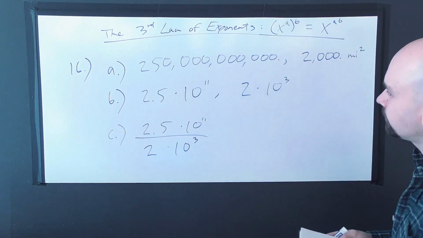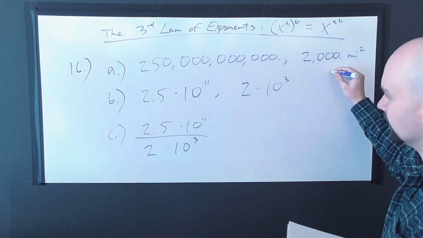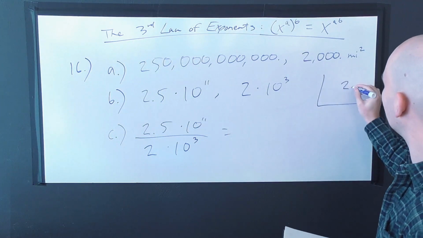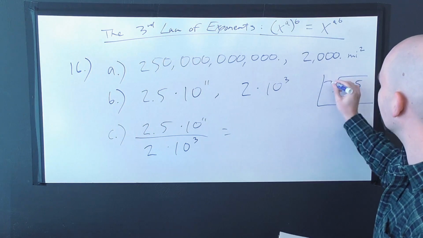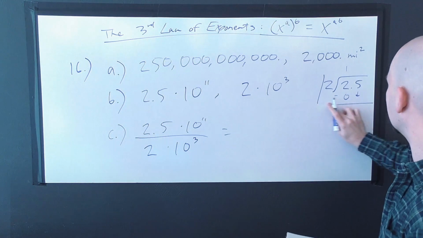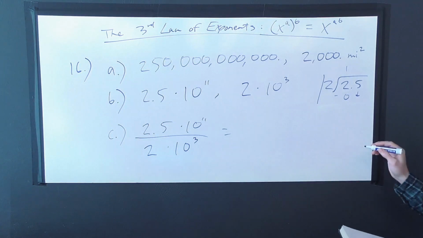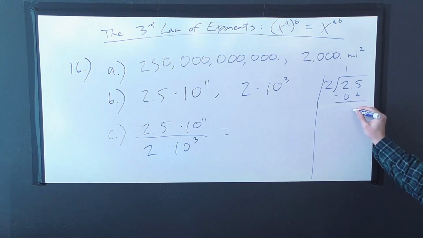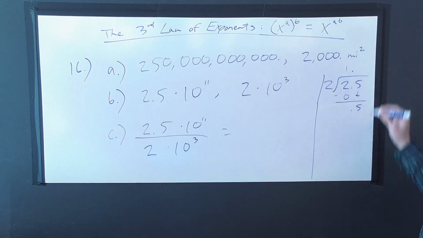All right, so I'll do some long division here. 2.5 divided by 2, so I got that. Need more space. I get 0.5. I'll add a decimal up here.